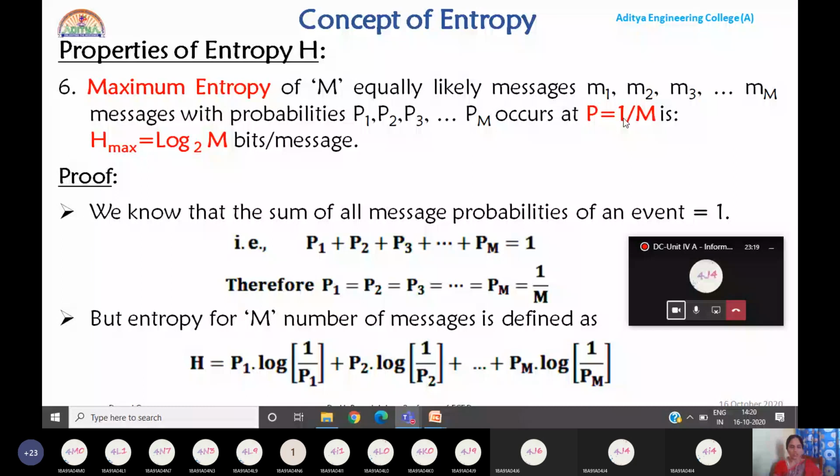That is P1 is equal to P2 is equal to P3, up to so on, all are equal and it is equal to 1 by M. The sum of all the message probabilities of an event is 1.